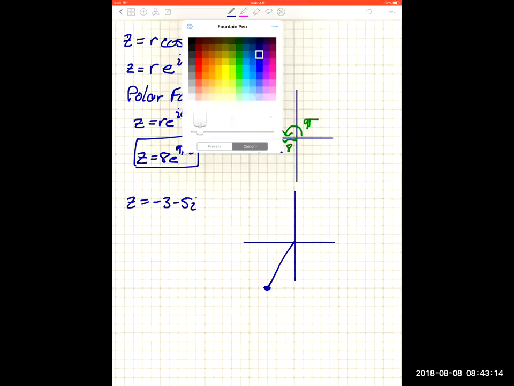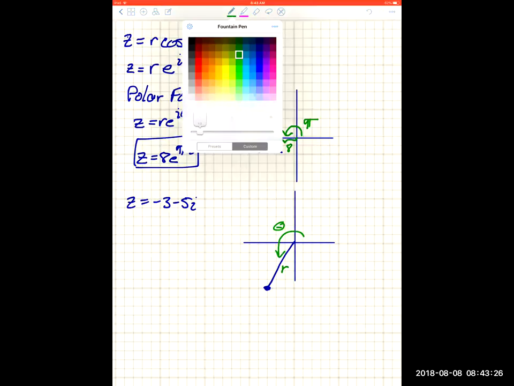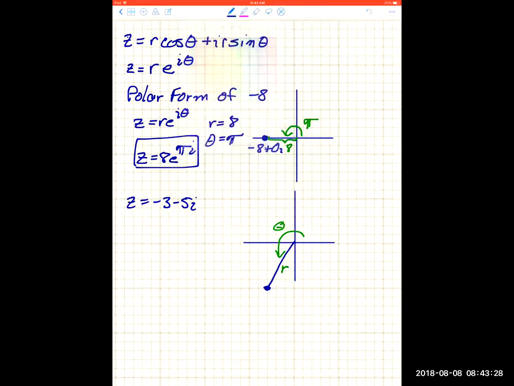And my angle theta, and this is my r. Okay, so let's start with finding r. So r is equal to the square root of x squared plus y squared.